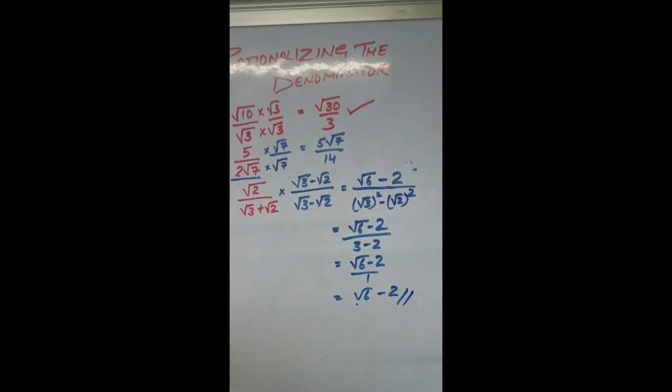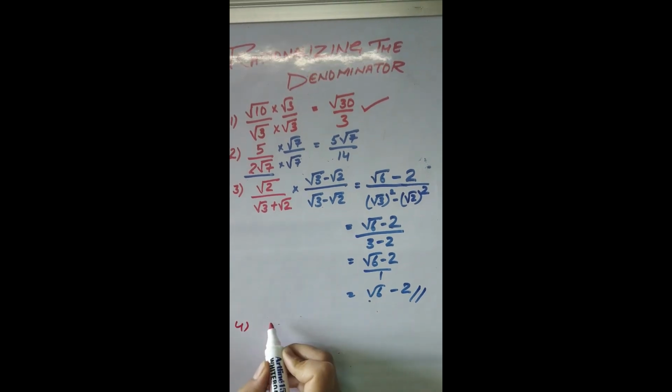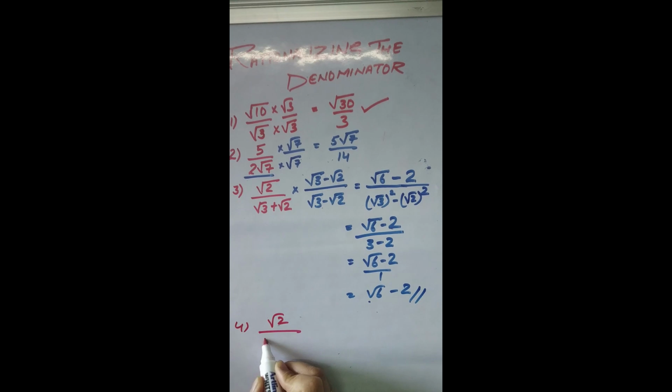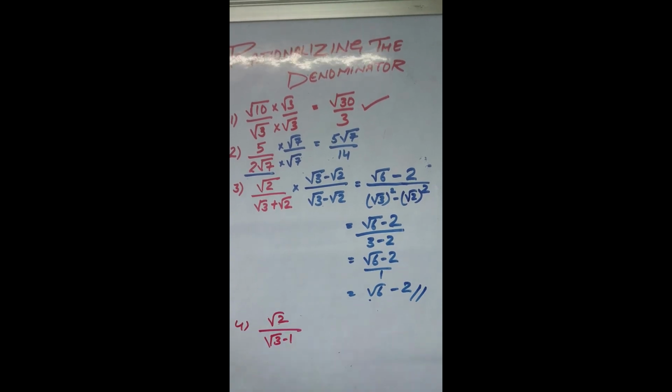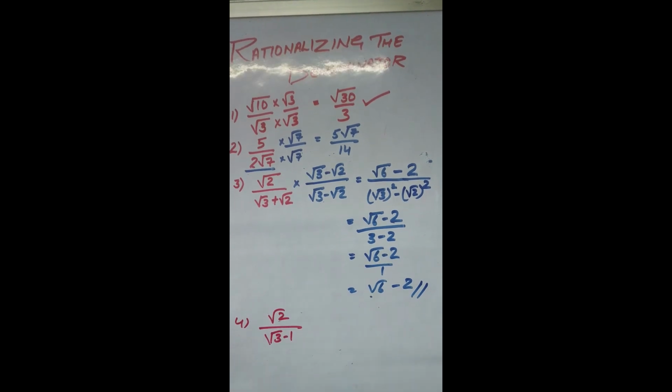Now we have one more problem. Not actually a problem, the problem is sorted now. If we have root 2 over root 3 minus 1, by which number will you multiply it? Okay, we have to rationalize the denominator.